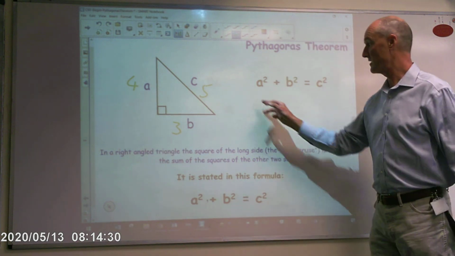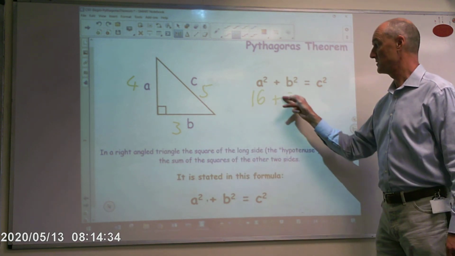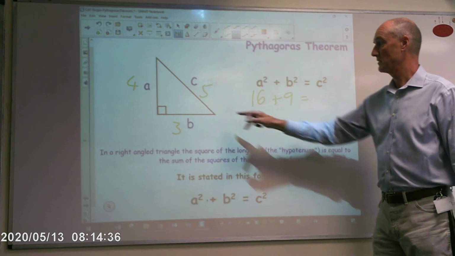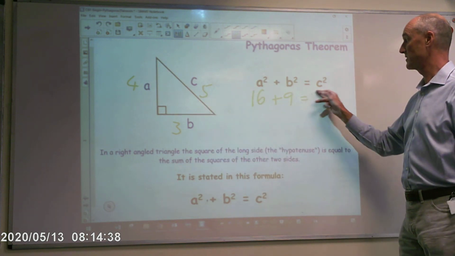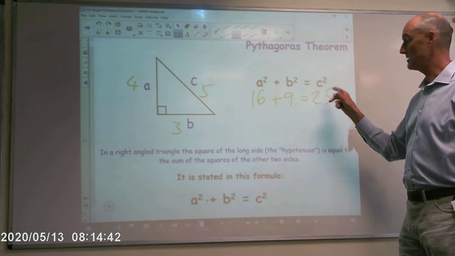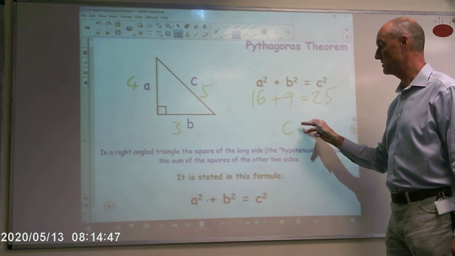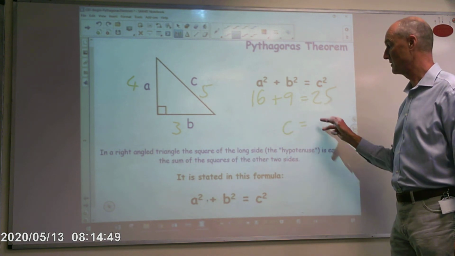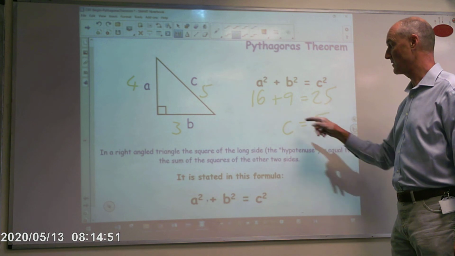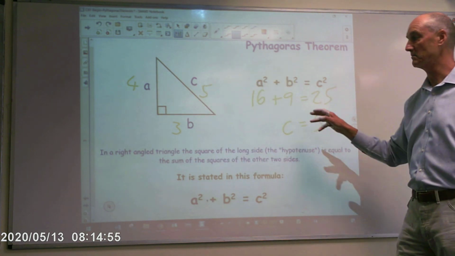So A squared is 16, B squared is 9, C squared is 25. So C squared is 25, C is the square root of that 25, so it's going to be 5. And that's the relationship. That is what Pythagoras' theorem is all about.